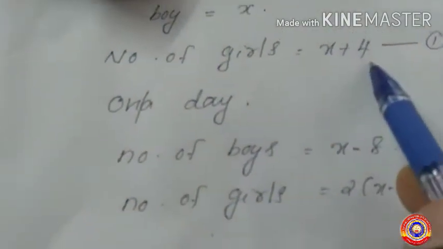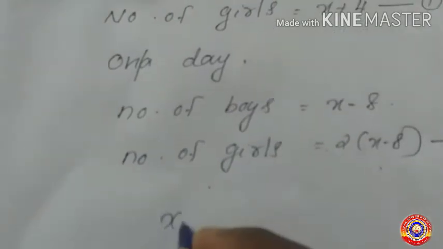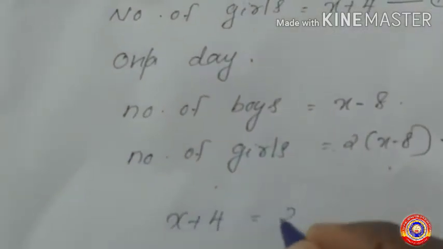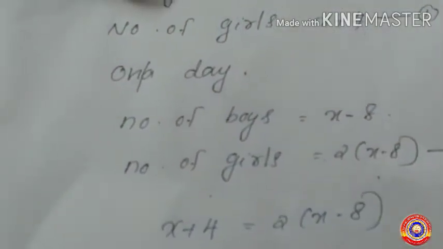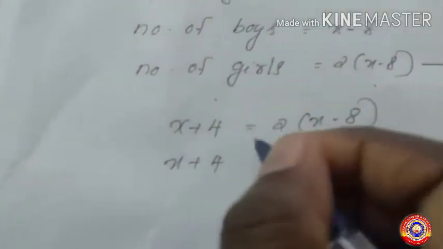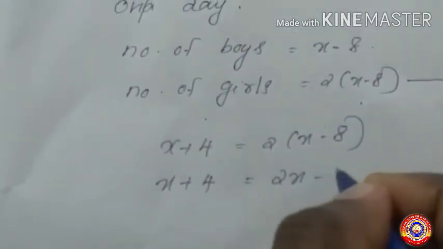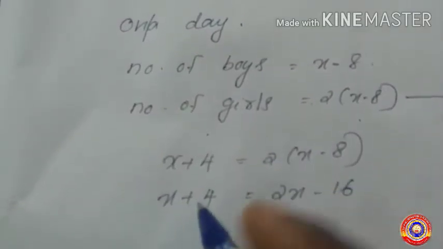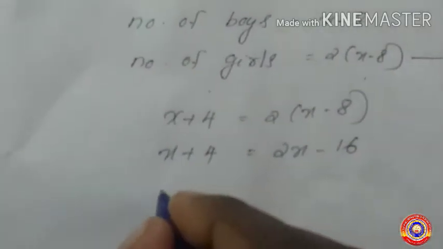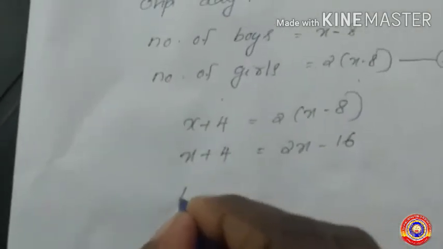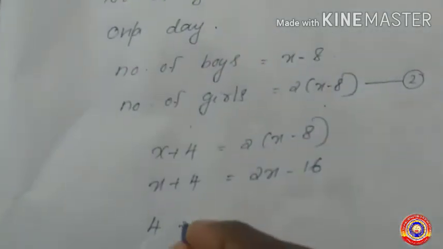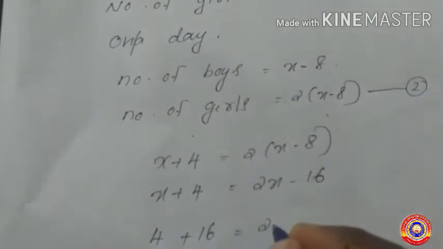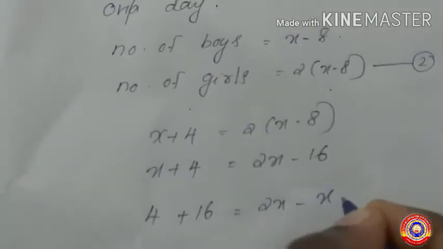From 1 and 2, the left sides are equal, so we can equate the right sides. x plus 4 equal to 2 into (x minus 8), so x plus 4 equal to 2x minus 16. Next we have to arrange these terms. 4 plus 16 equal to 2x minus x.